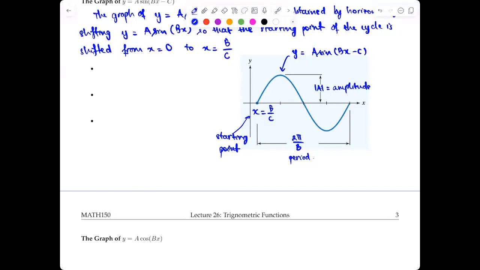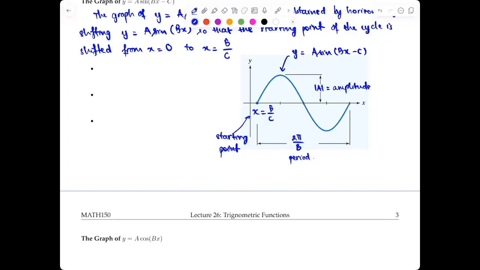Okay. So this clearly shows the transformations, and the horizontal transformation depends on the value of C over B, not just C. You okay with that? All right. So the B is there for the period. The transformation depends on C over B. You okay with that? Okay.